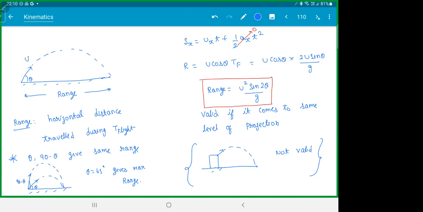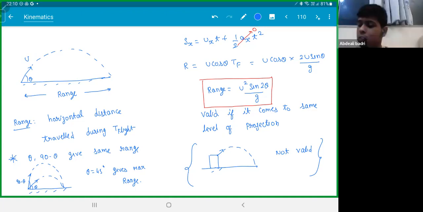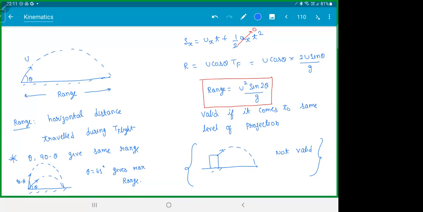Yeah, the next one. So sin 2 theta is 2 sin theta cos theta. 2 sin theta cos theta is sin 2 theta. ठीक है? Right, Ali? Next thing. Equation of trajectory.